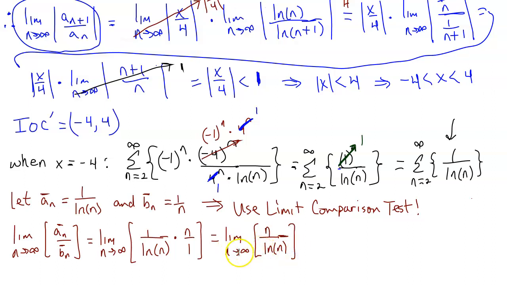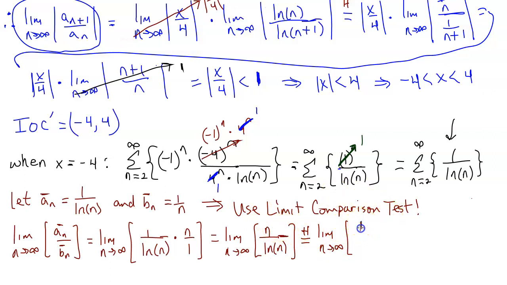Now, if we were to plug in infinity for n both in the numerator and denominator, we would end up having infinity over infinity, which we know is an indeterminate form that allows us to use L'Hopital's rule. L'Hopital's rule basically states here that we take the derivative of the numerator and denominator separately.